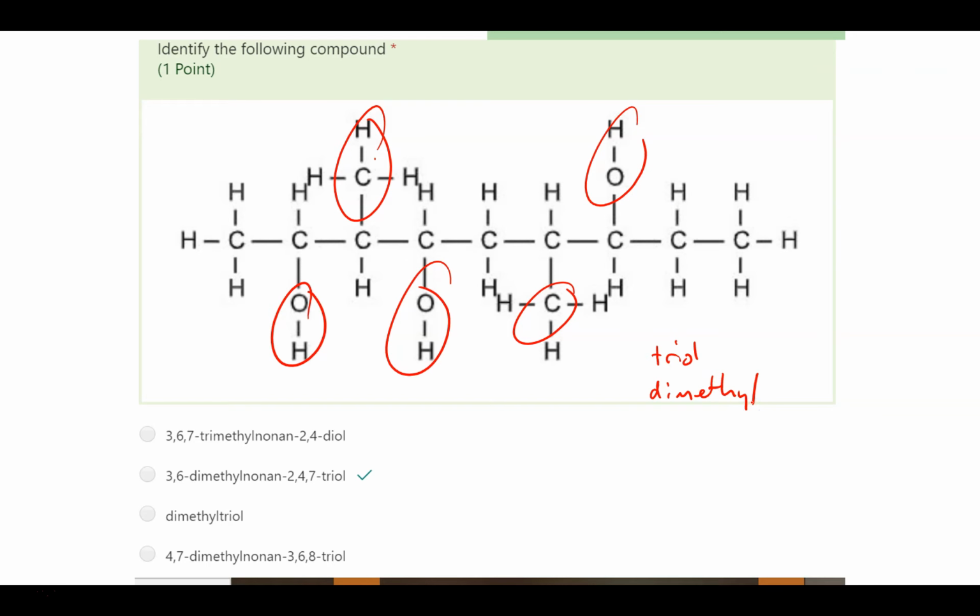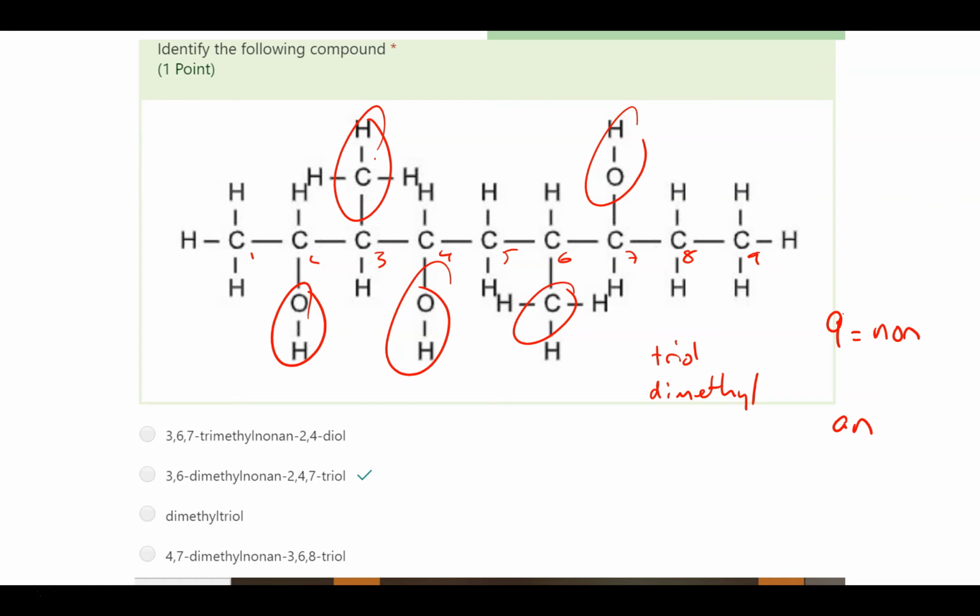Our highest priority are the alcohols. So if we're numbering it from this side, because that'll give us the lowest, 1, 2, otherwise it would be 3. 3, 4, 5, 6, 7, 8, 9, and that makes it a non. Okay, single group, so it's an an. All right, let's put this bad boy together.